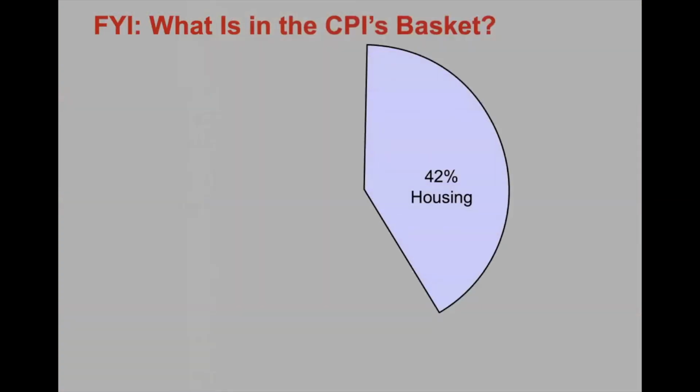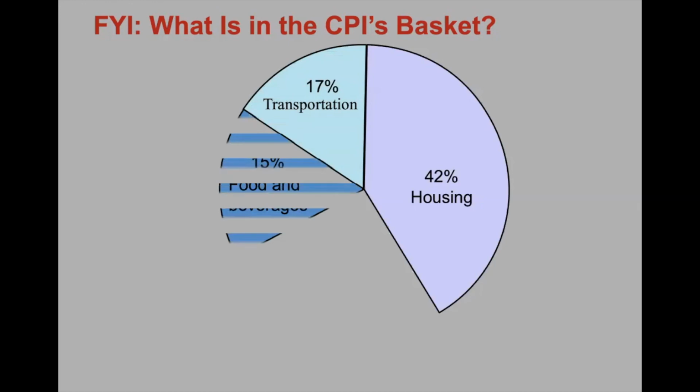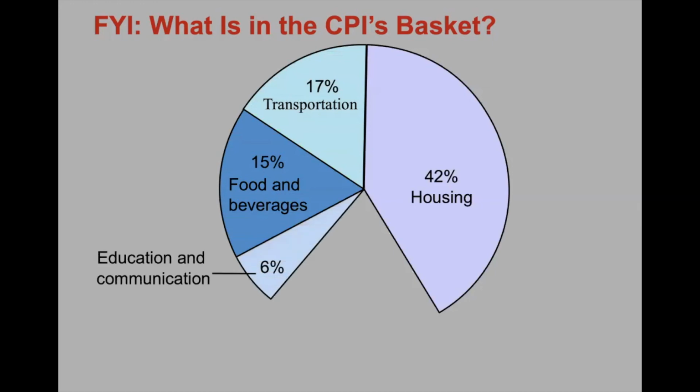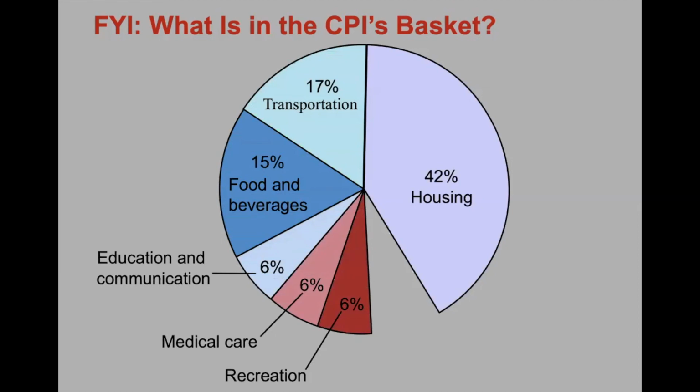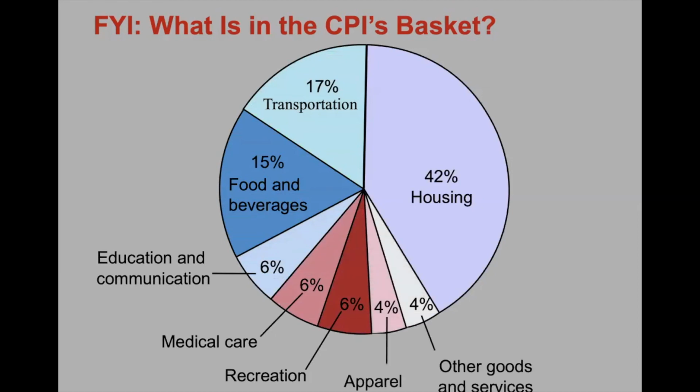In the United States, what is the biggest proportion is housing, transportation, food, beverage, education and communication, medical, recreation, apparel, and other goods. So in Thailand, I'm not sure, but it should reflect the same.